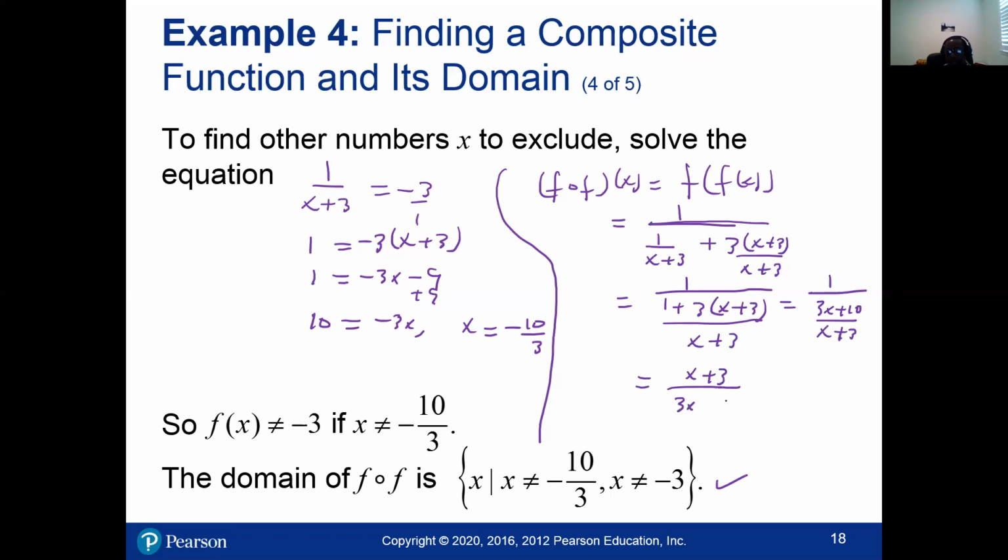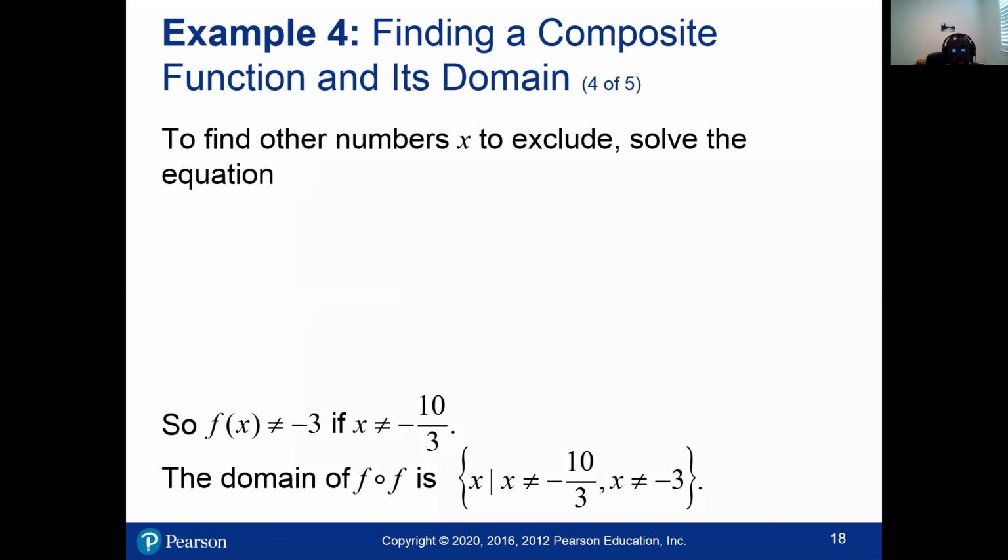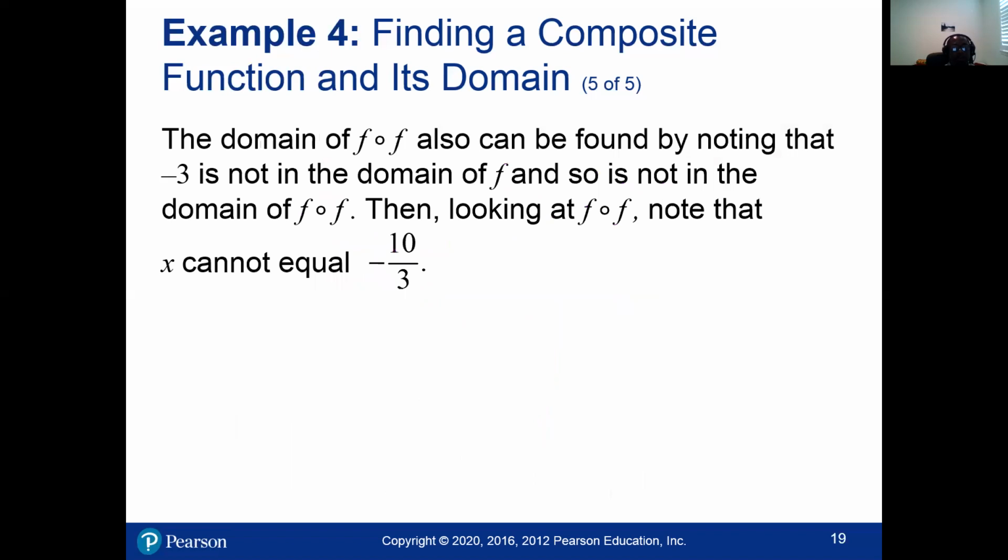So if I use option 2, you technically take the denominator and set it to 0. You get 3x plus 10 equal to 0, and x is equal to negative 10 over 3. And so the domain of f of f will exclude negative 3, and also exclude this value. Whether you use option 1 or 2, you will get the same results.